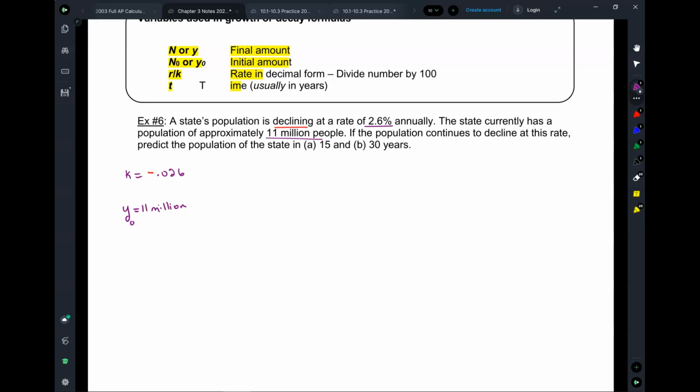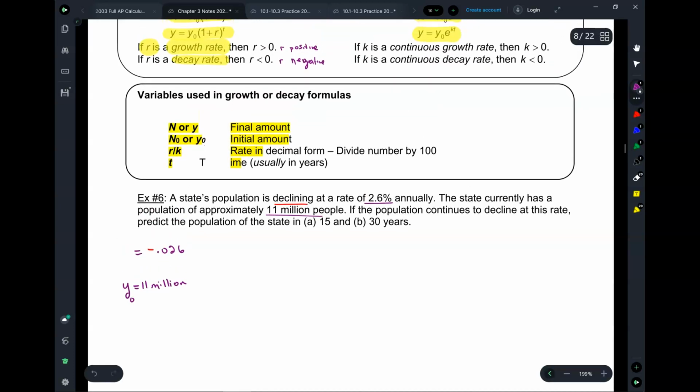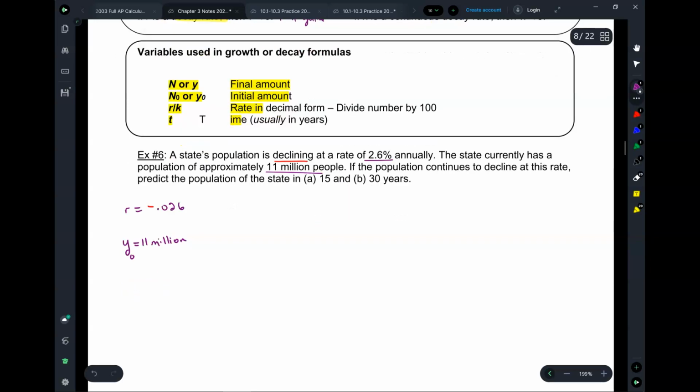If the population continues to decline at this rate, okay, so hang on. Before we start, did we read the word continuously anywhere in this problem? No. So we're going to use the first one, so I'm going to call this r.